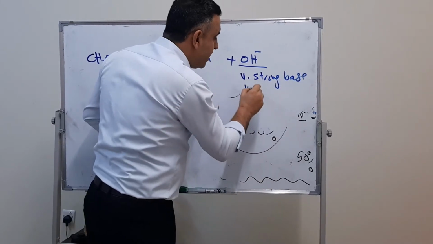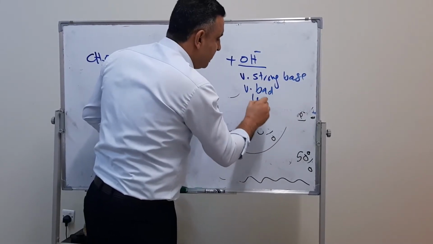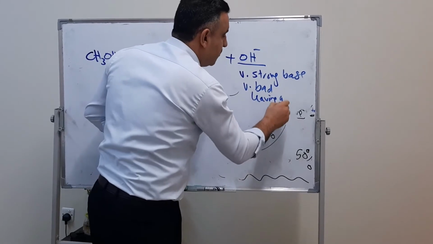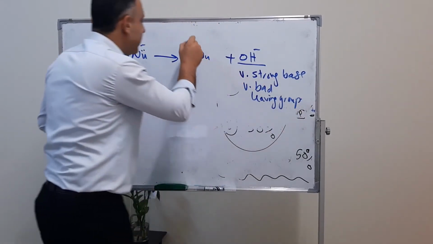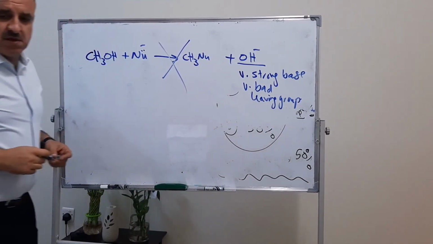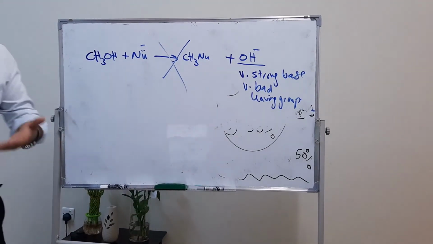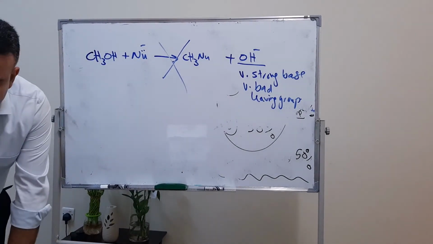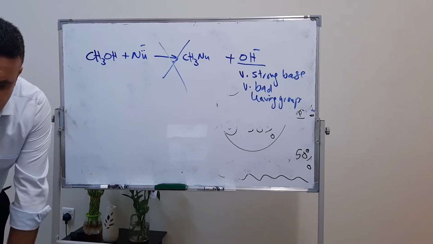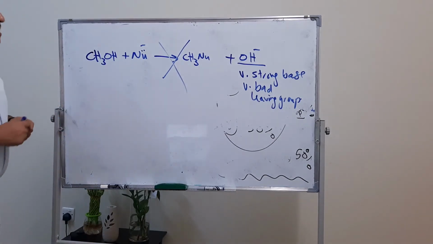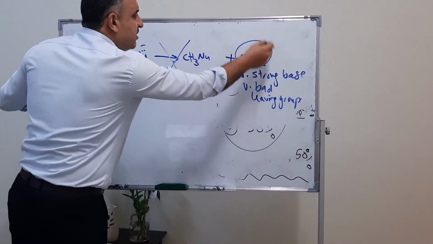Therefore, it is a very bad leaving group, and this reaction will never go, or at least it is extremely difficult unless under very extreme conditions. Do you follow me?